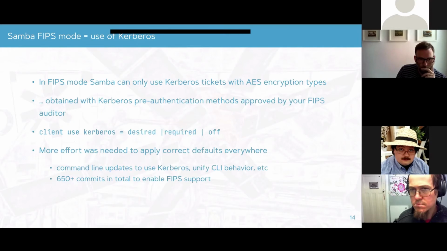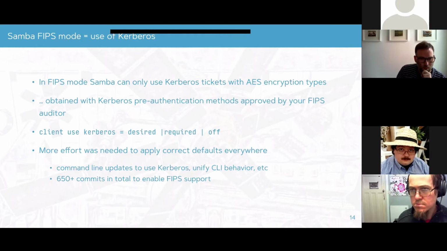So in reality, if you get Samba running in FIPS mode, it's currently only possible with Kerberos. So you have to have an Active Directory domain controller, or something that represents Active Directory, with the AES encryption types, because those are the only two types that we can actually use in the SMB protocol in FIPS mode.